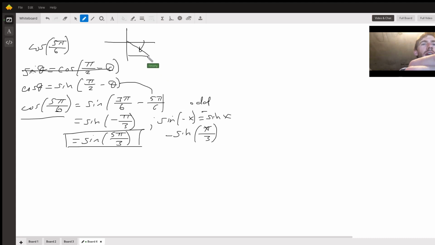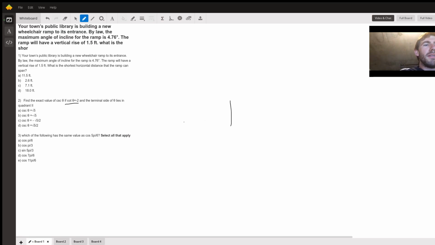And right here, this will essentially be the same thing as if we went all the way around in the positive direction. So it's going to be positive sine 5 pi over 3, and that is the only correct answer for that one. Hope that answers your question.